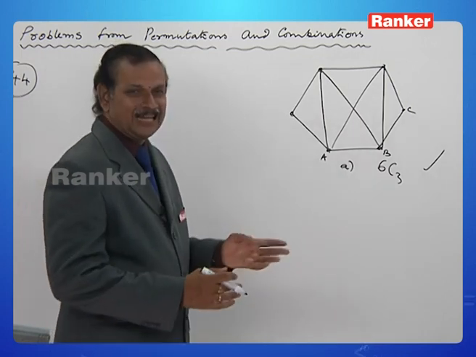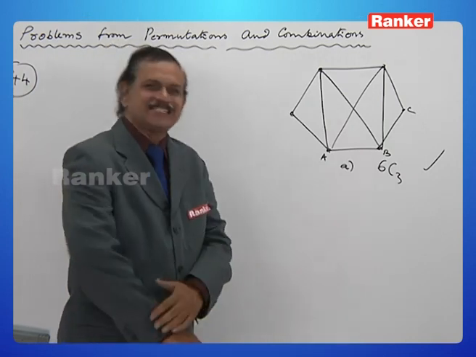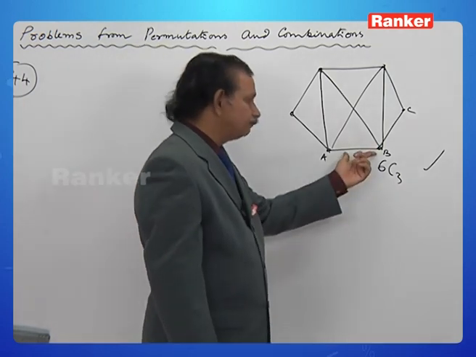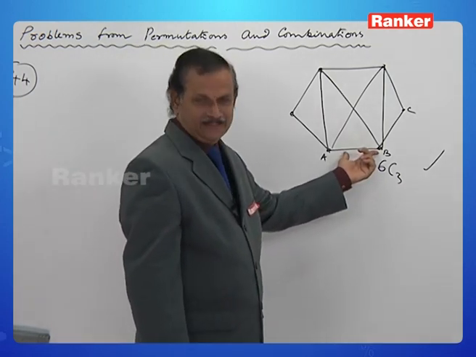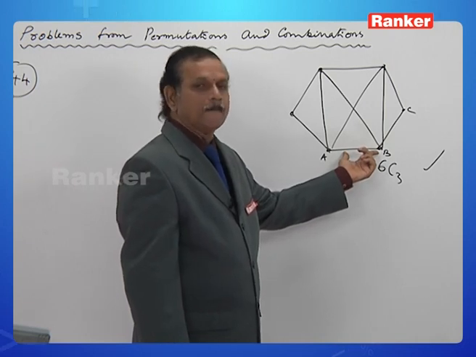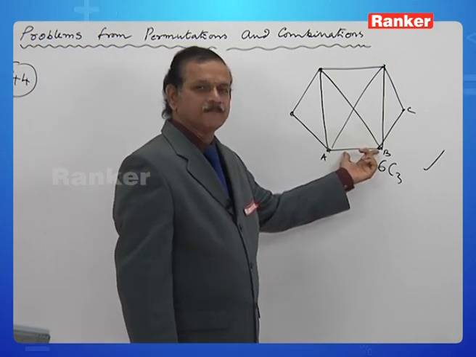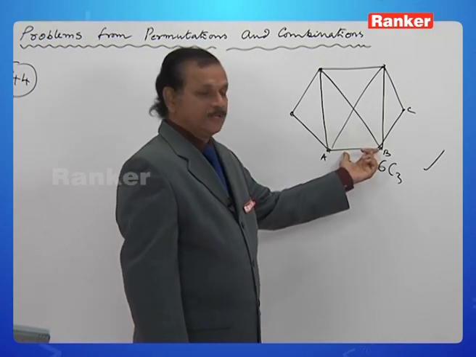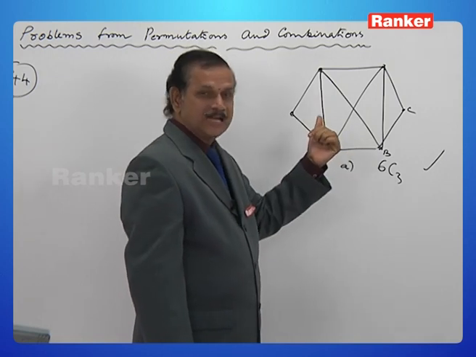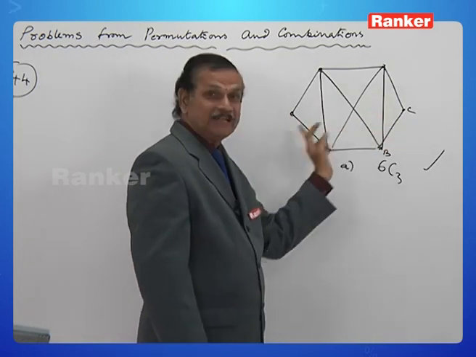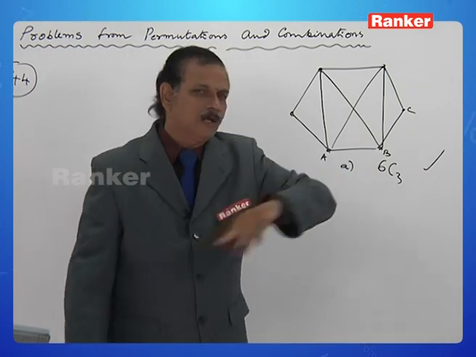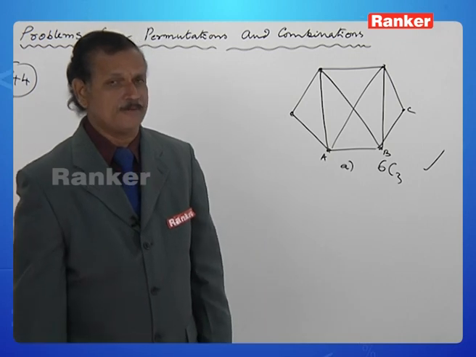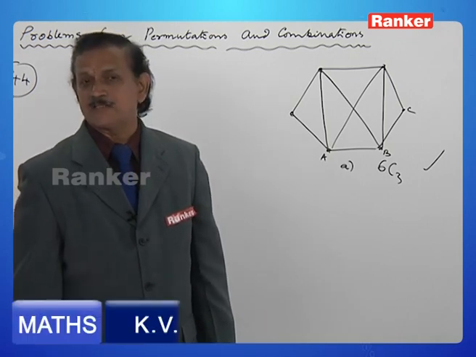Well, in general, let this be a polygon of n sides. One side is here. To have a triangle, you must choose one more vertex. From where you are supposed to choose that vertex? You have to leave these two vertices and you have to leave the adjacent vertices also. All together, how many vertices are to be omitted? 4 vertices are to be omitted. What is the total number of vertices? n.